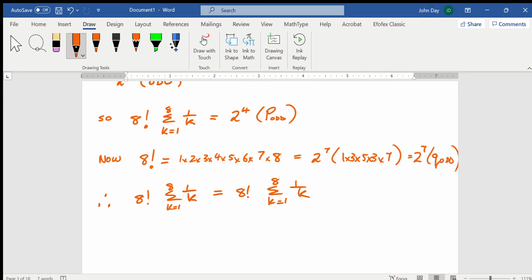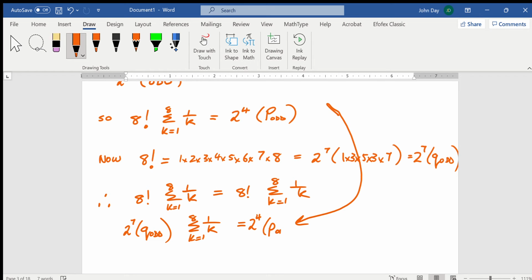Now, in this case, I'm going to change 8 factorial to 2 to the power of 7 times q, some odd number q, and I'll leave this alone because that's what I'm trying to find, the summation. And on this side, I've already worked it out, and the answer from up here is that it is 2 to the 4 times p, which is an odd number.